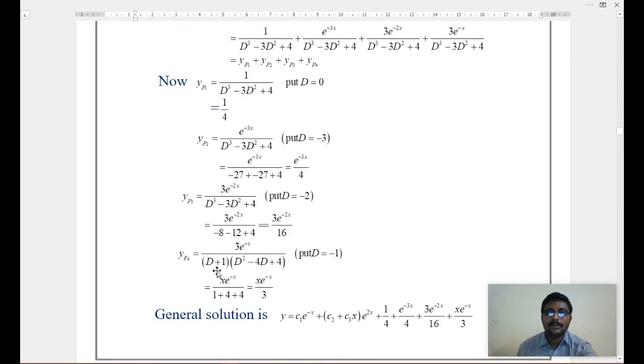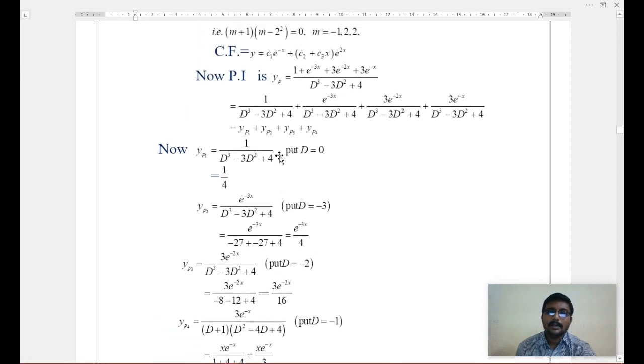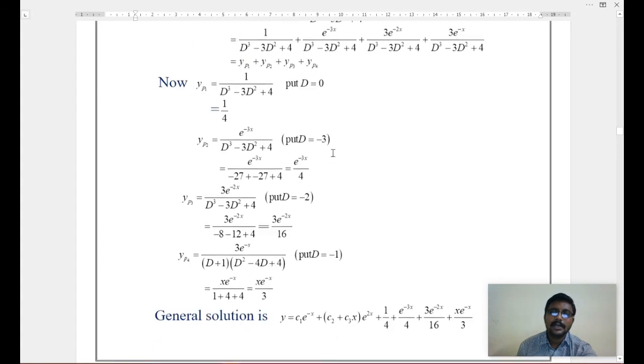The derivative of D plus 1 is 1, and the derivative of 1 is 0, so 1 should be multiplied in the denominator. Thus we get the particular integral value x e power minus x by 3. All these four particular integrals should be added to get the particular integral PI value, and the PI is added with the complementary function CF to get the required complete solution.